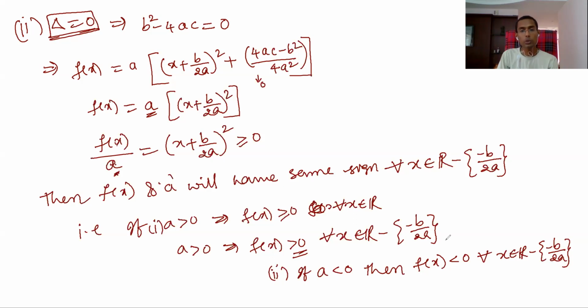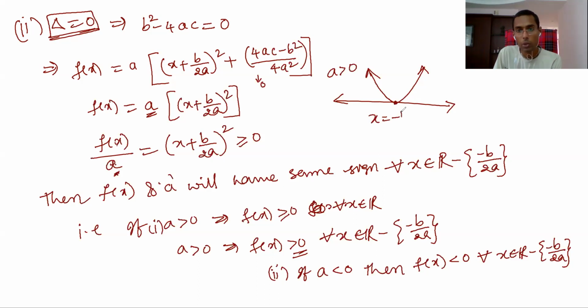So this you can also see by the graph. For a greater than 0, the upward parabola is like this. Already in the last class we saw this one. This is the point x equals minus b by 2a, that means this point is minus b by 2a comma 0. At minus b by 2a, it is 0.